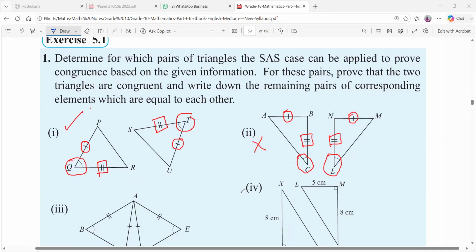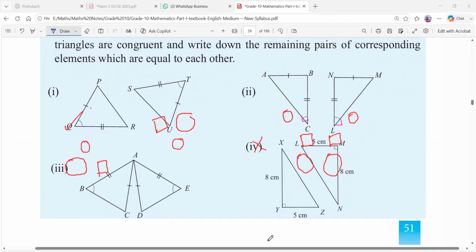So is this one congruent or not? This is not congruent. If it were congruent, you would have to mention this angle, because it should be the included angle when you consider the SAS case.